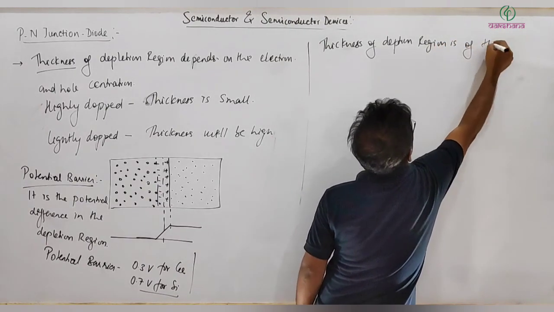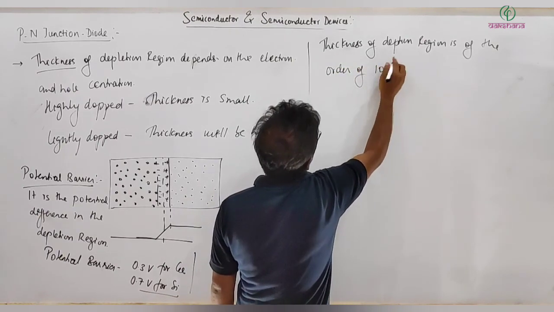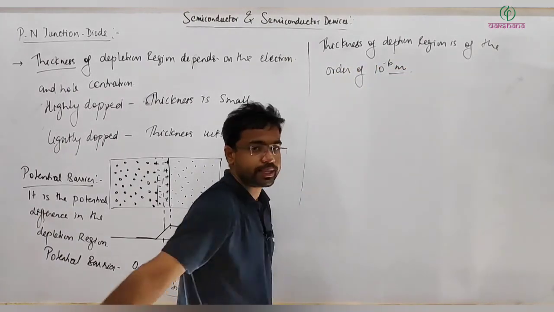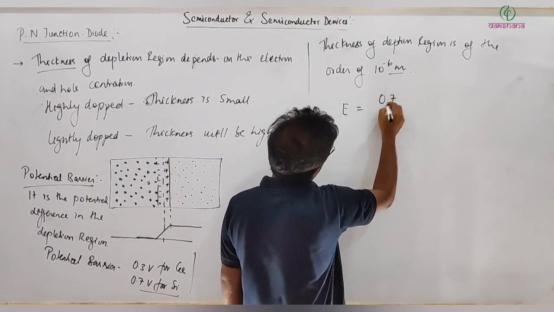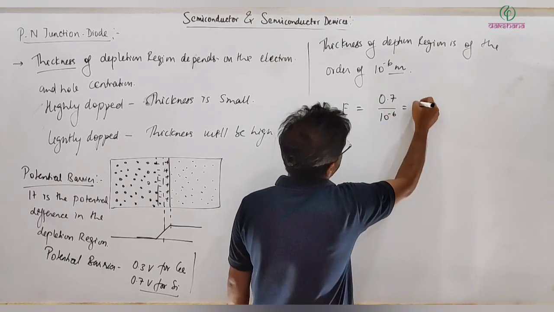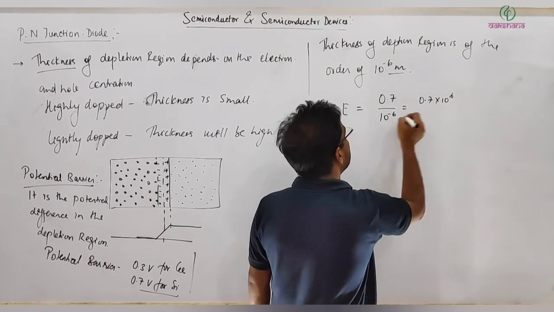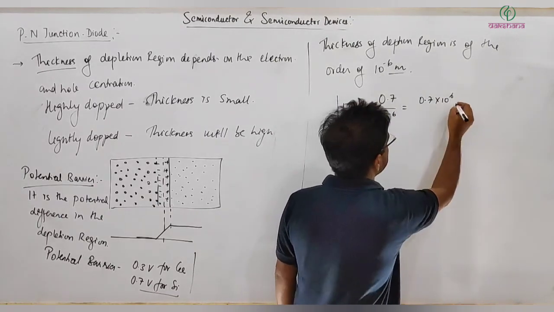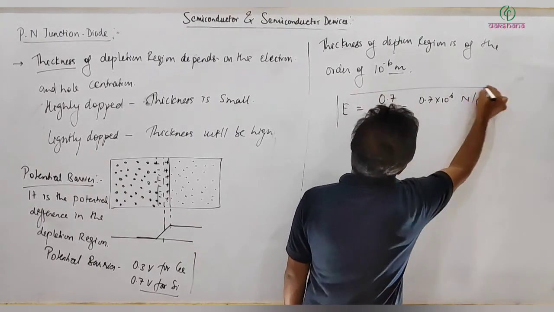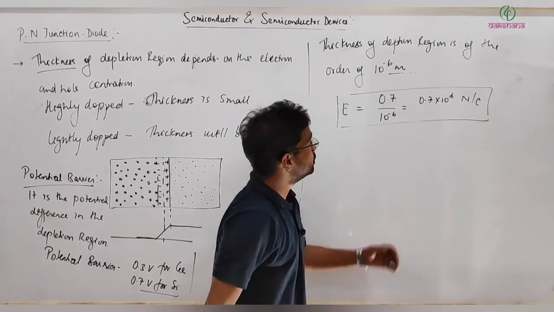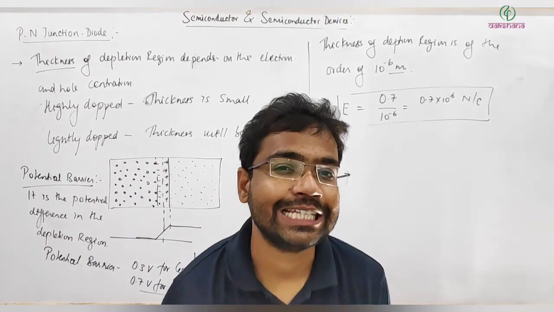You can write the electric field strength for silicon as 0.7 divided by 10 to the power minus 6, which is basically 0.7 into 10 to the power 6. That will be your electric field in Newton per Coulomb. Understanding? So in the depletion region the electric field strength is quite high, right?